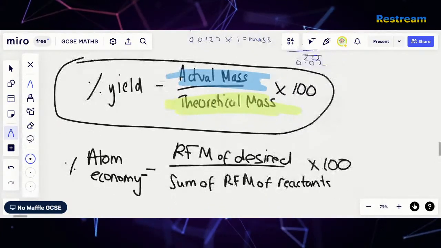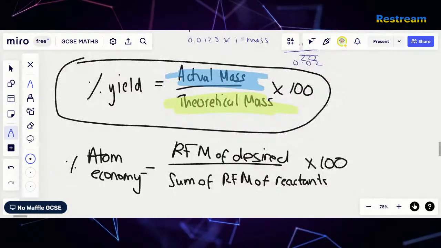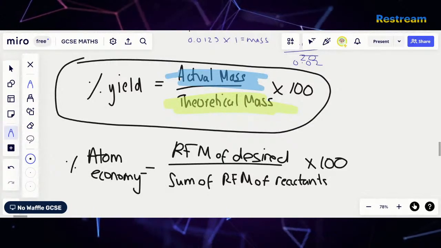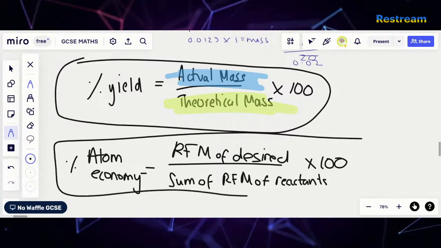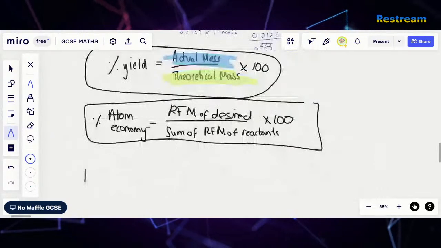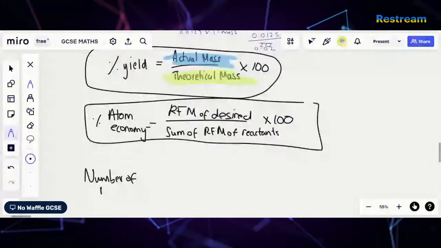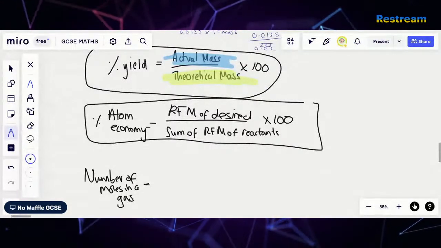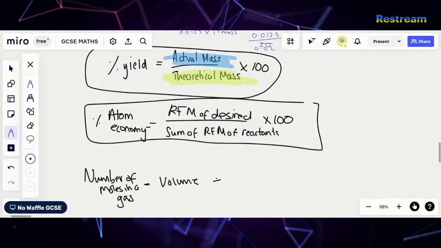So atom economy tells you how much of your reactants ends up as your desired product. The closer this number is to 100, the better. And finally, after these two equations, we have number of moles in a gas, which is equal to the volume divided by 24 decimeters cubed.